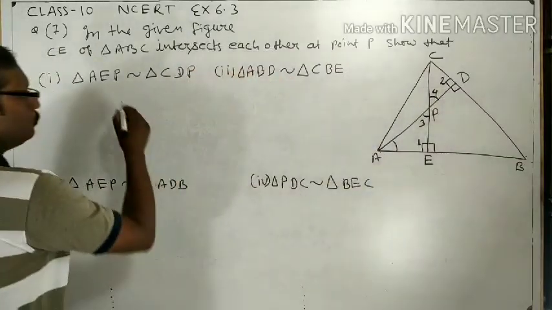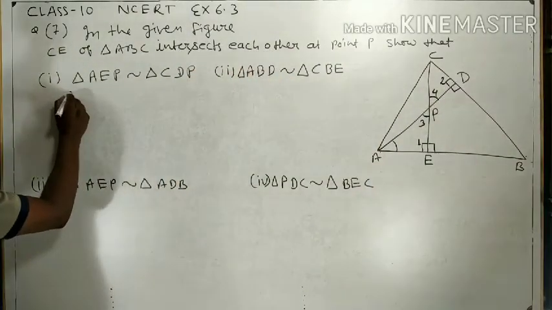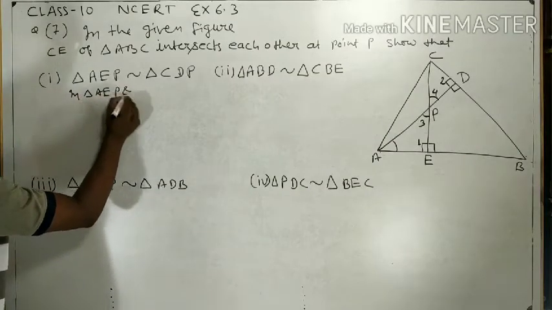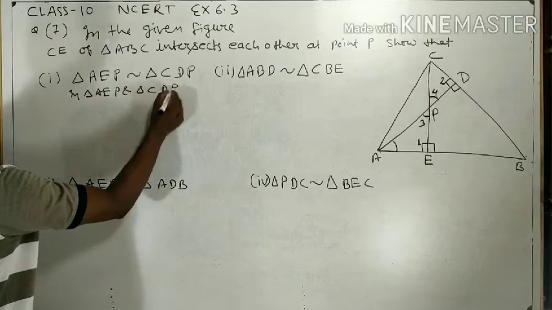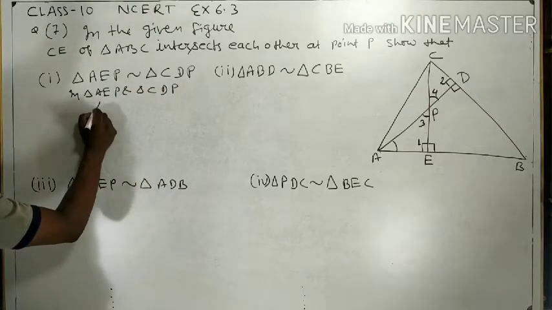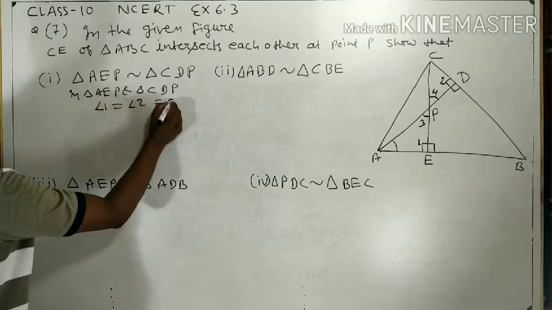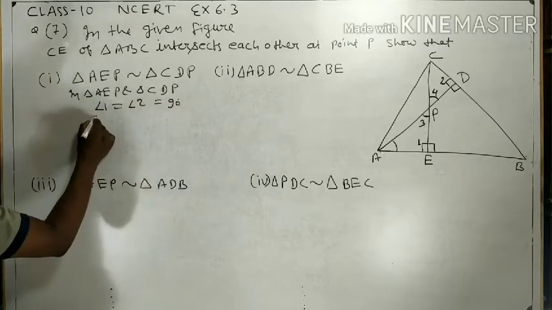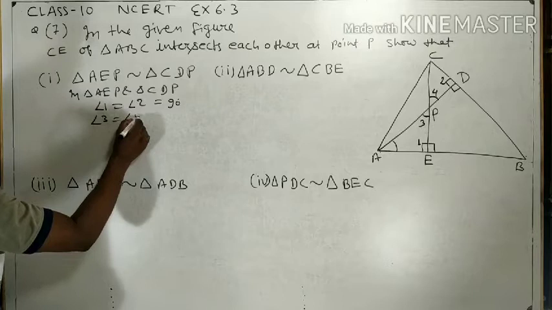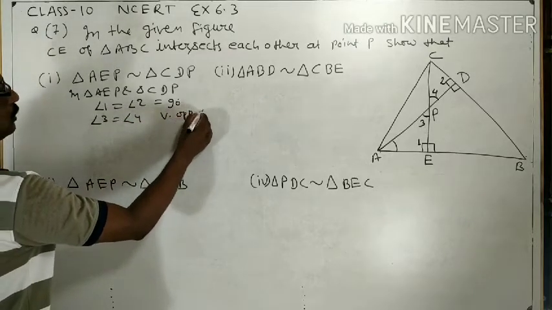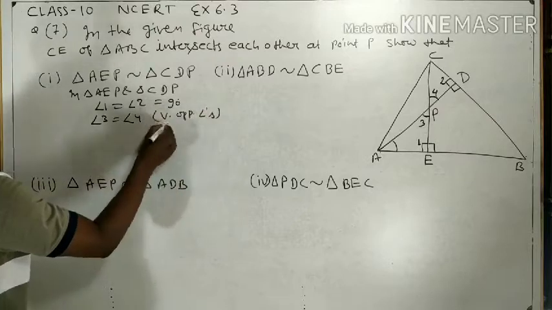So in triangle AEP and triangle CDP, angle 1 equals angle 2 because of right angle, and angle 3 equals angle 4, vertically opposite angles.